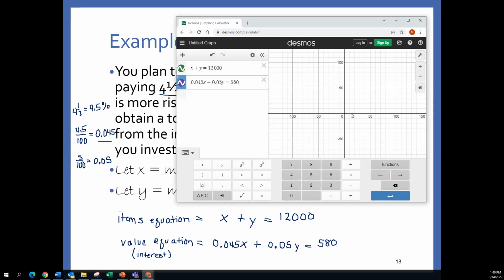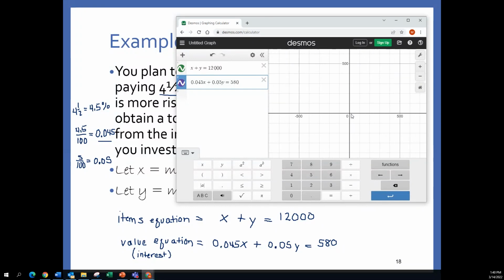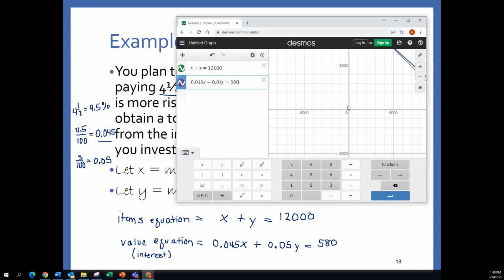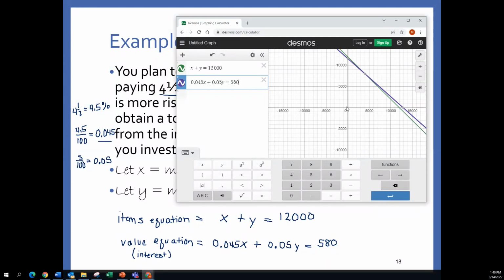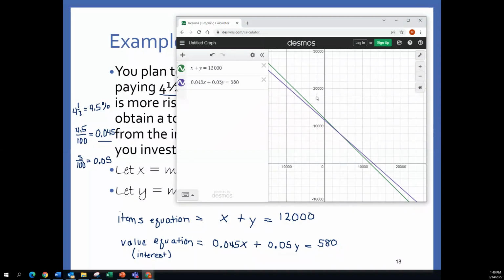And I'm really zooming out because I know that I was investing thousands of dollars, so I'm feeling like I need to be out in the thousands. So starting to scroll a little faster. Oh, there's some lines. Now you can also click and drag this window, so I can drag this to where I can see. So I see the green line is from my first equation, the purple line is my second equation, and somewhere in here they match.